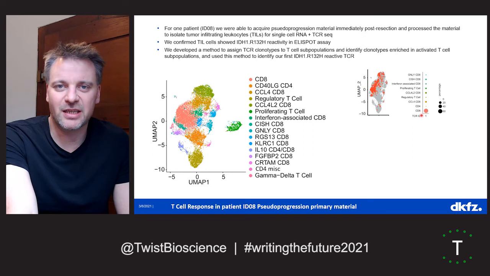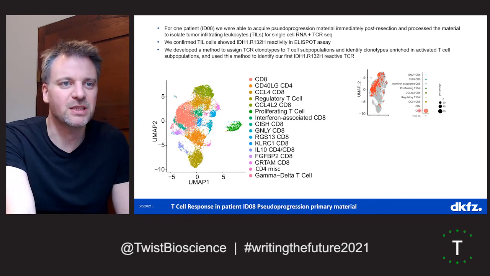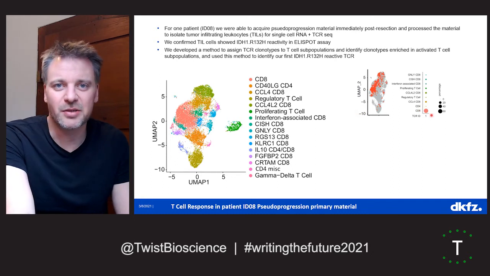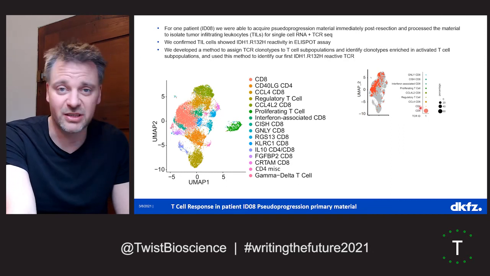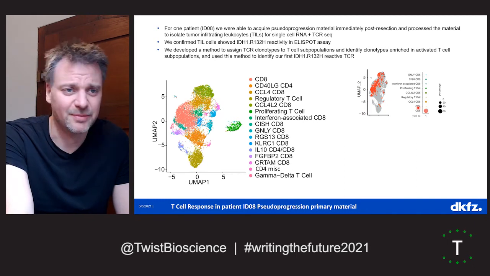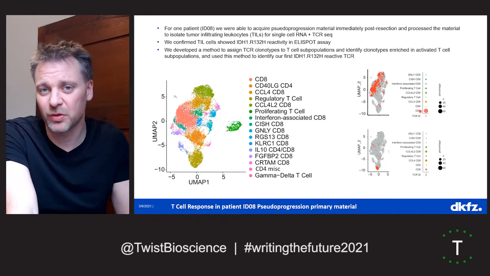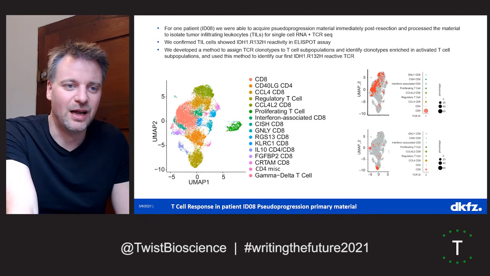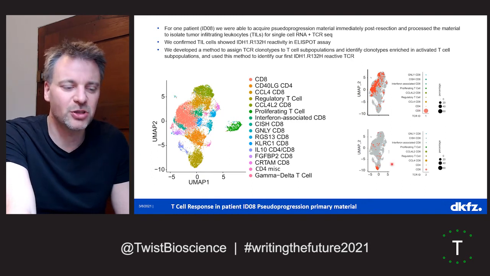And if we then express that as a percentage of the cells, we'd say that 60% of the cells were in this kind of CD8 cluster. And so you'd say this is probably a CD8 restricted T cell. And you can do that, of course, for all the TCRs that you have. This one here has a rather different distribution.